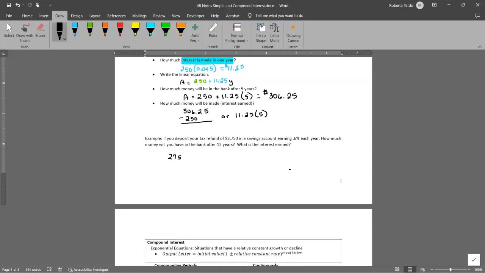So $2,750 times 0.6%, which is 0.006, two decimal places, and that amount of money is $16.50.